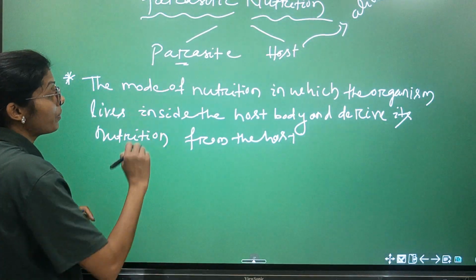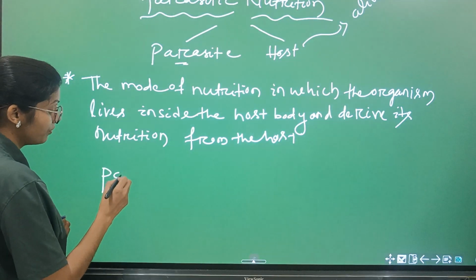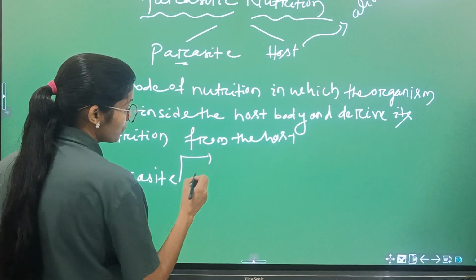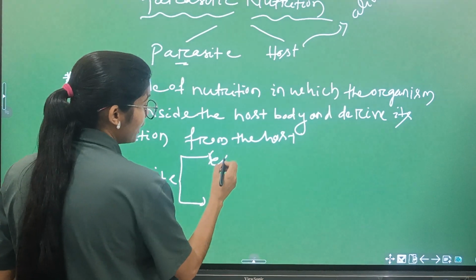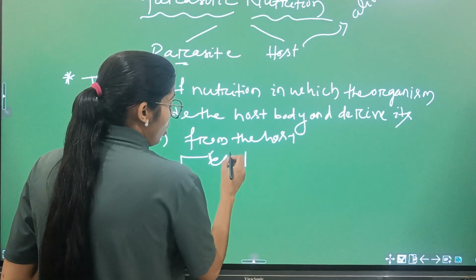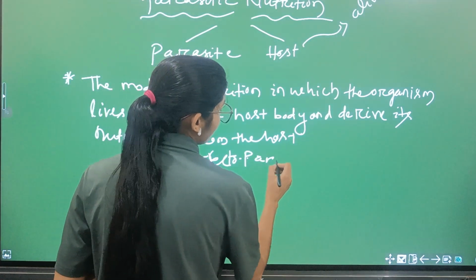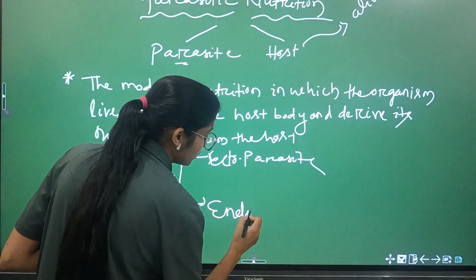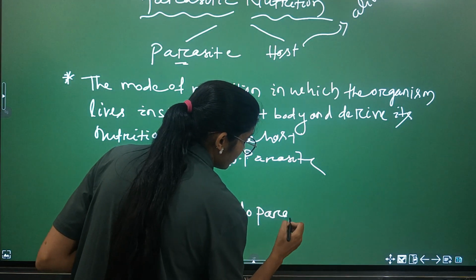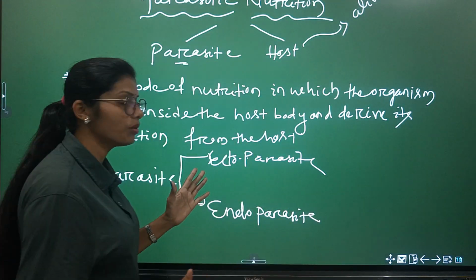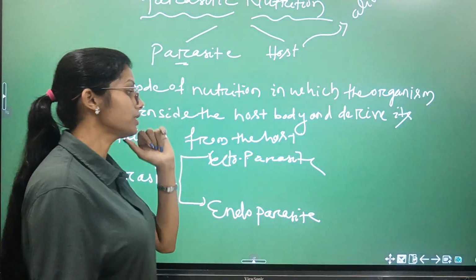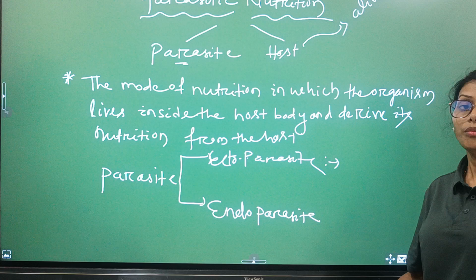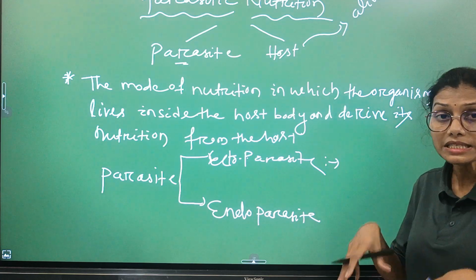In parasitic nutrition, parasites are of different types. Parasites are of two types. One is the ectoparasite. Another one is the endoparasite. What is the meaning of ectoparasite and endoparasite? Ectoparasites are parasites that reside on the host body, not inside the body.